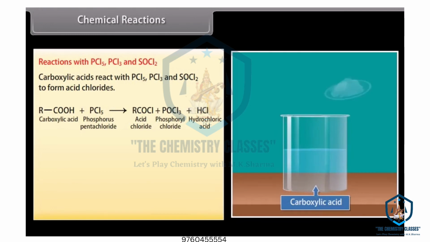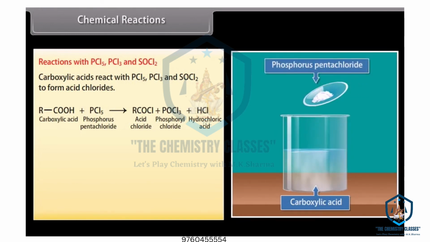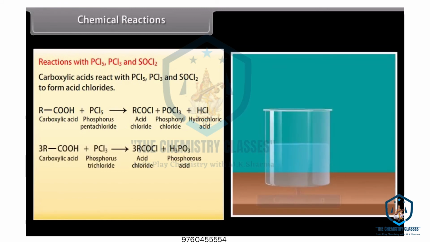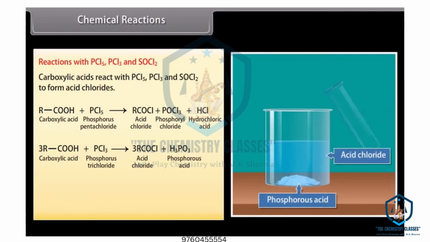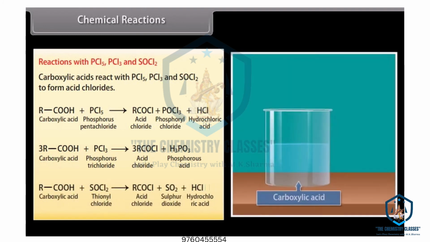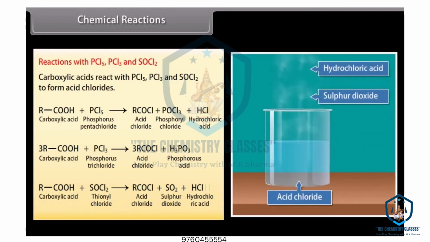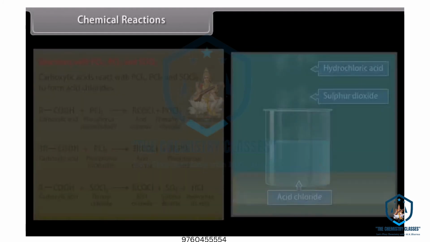Carboxylic acid reacts with phosphorus pentachloride to form acid chlorides, phosphoryl chloride, and hydrochloric acid. With phosphorus trichloride, it forms acid chlorides and phosphorous acid. With thionyl chloride, it forms acid chlorides, sulfur dioxide, and hydrochloric acid.